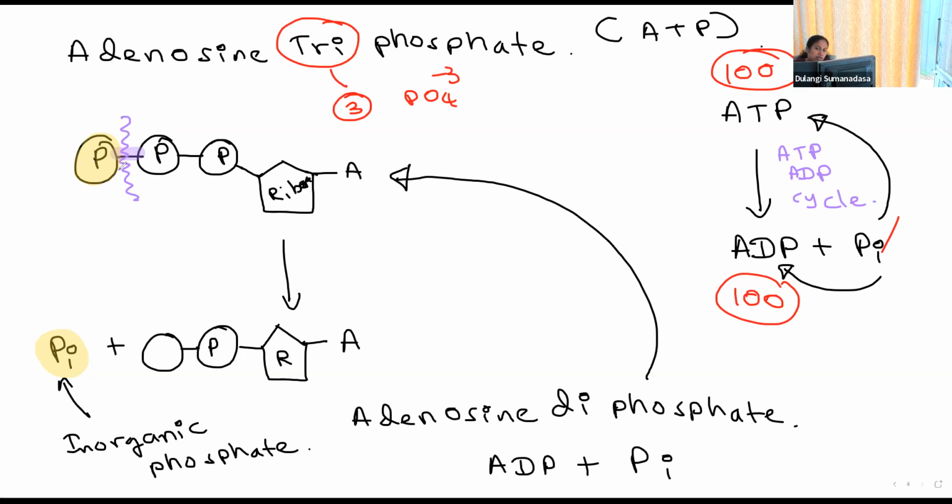Right, the bond is the one that's going to break and release the energy. Nothing happened to the inorganic phosphate, right? You can recreate the bond. Okay, is this clear?